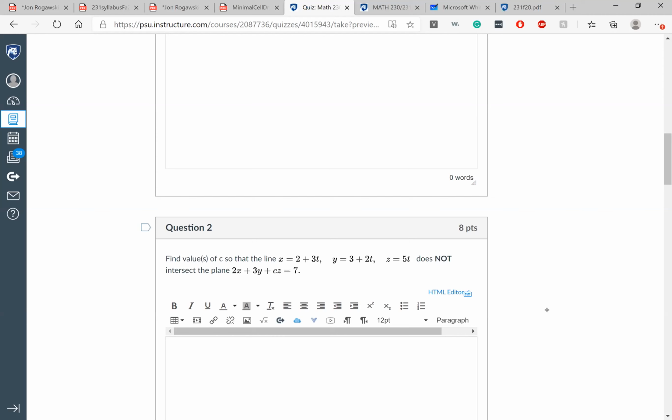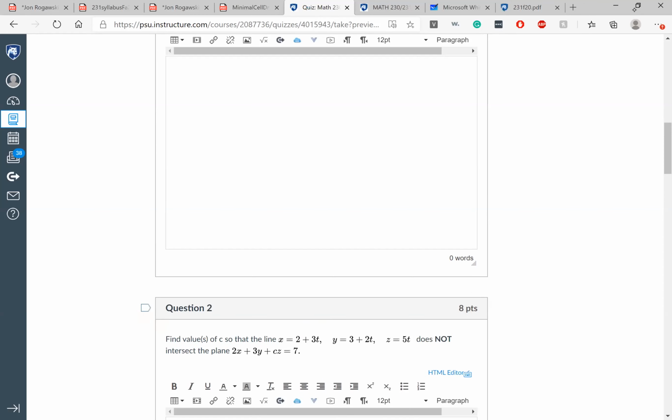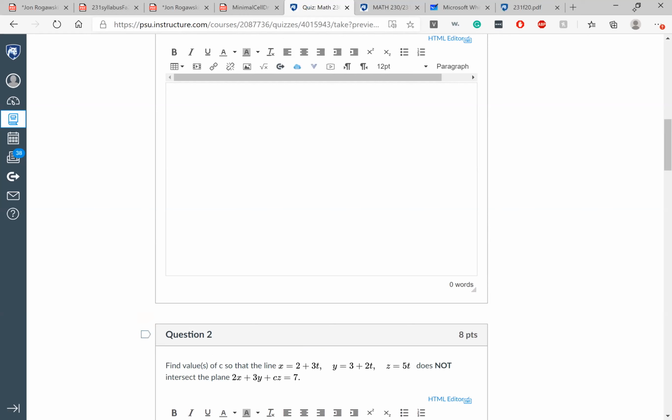Fine. So the next question is find values of c so that this line does not intersect this plane. And what we would like to do if we want that, I will have 1 second. It's hard for me to see the whiteboard. Okay. Sorry, 1 second.